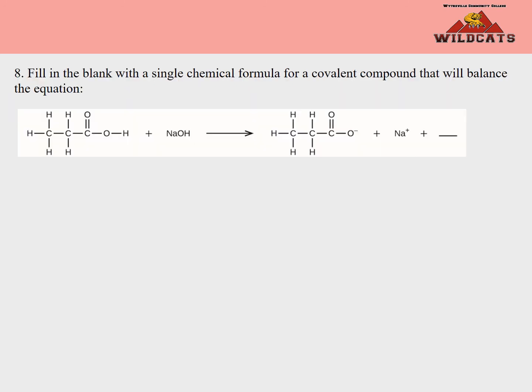The other type of equation we can balance is structural equations. And what I do with these is I just cross off things that look similar. So if you notice, I'm going to cross off all the hydrogens. And then I'm going to cross off the carbons.